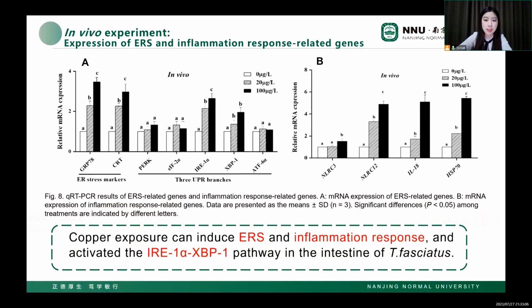This indicates that copper exposure may activate the IRE1 alpha-XBP1 pathway in T. fasciatus, and copper exposure also led to an increase in the expression of inflammation response-related genes. These results were consistent with what we observed in the transcriptomic analysis.